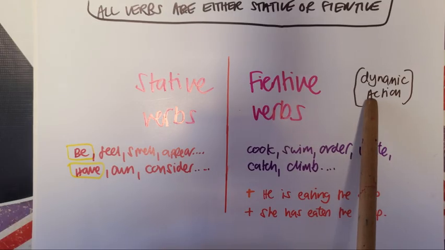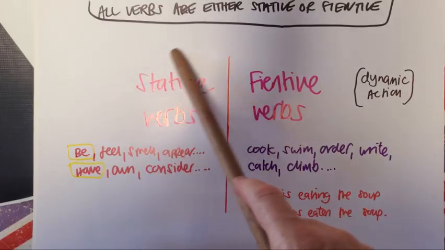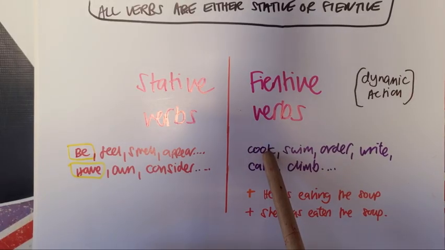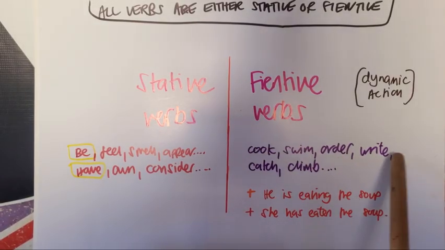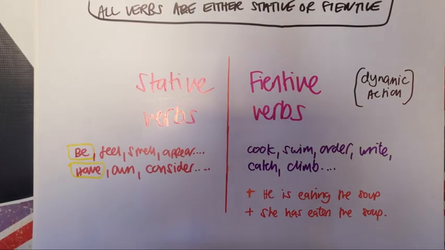They don't reflect on the person. They're not personal verbs, they're impersonal. So cook, swim, order, write, catch, climb, they all are an action, an expressed action rather than an impressed action.